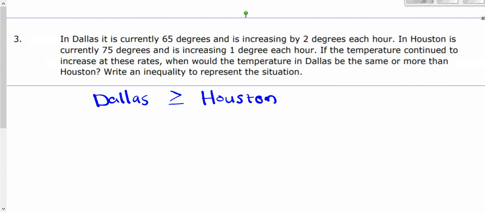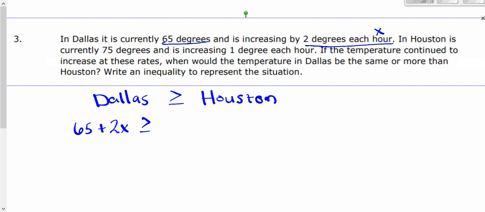In Dallas, it is currently 65 degrees, and it's increasing by 2 degrees per hour. So I'm going to use x for hours. So plus 2x. That represents Dallas, so I'm going to have greater than or equal to.